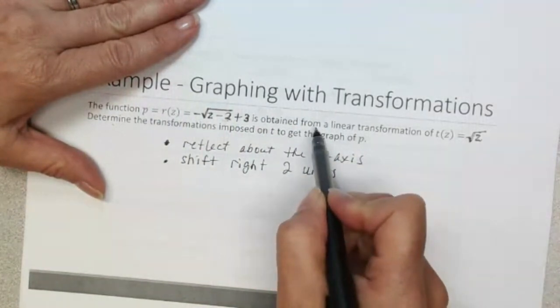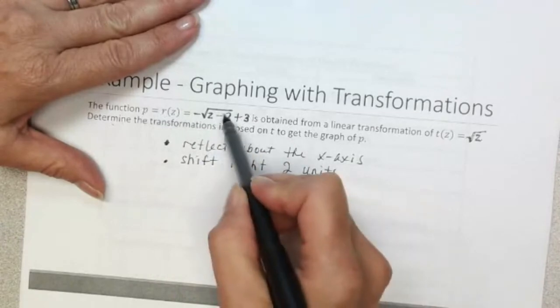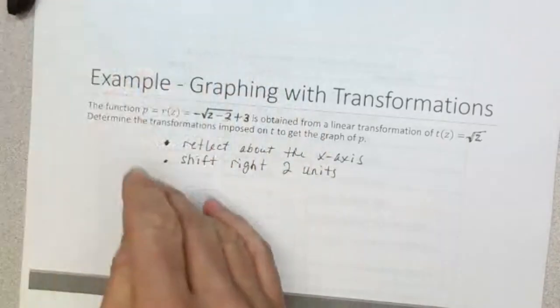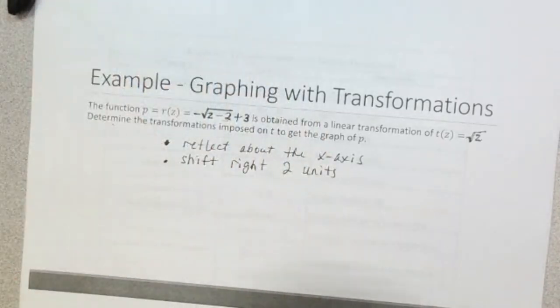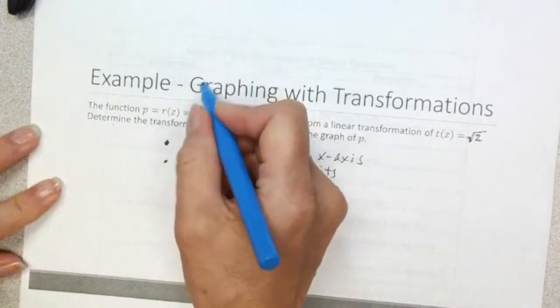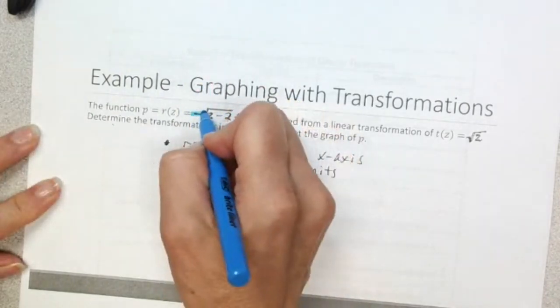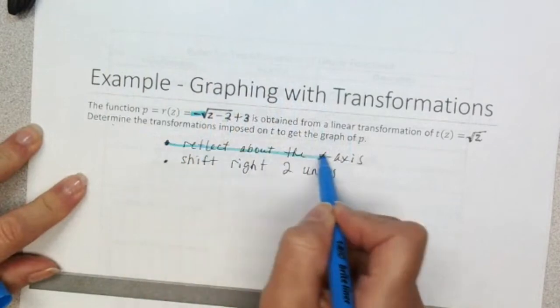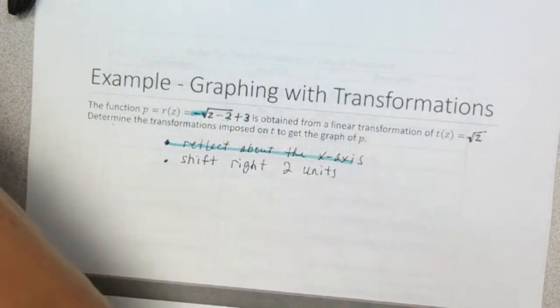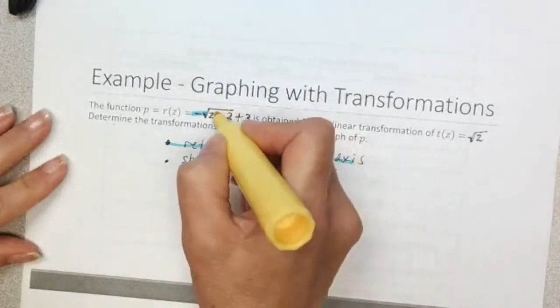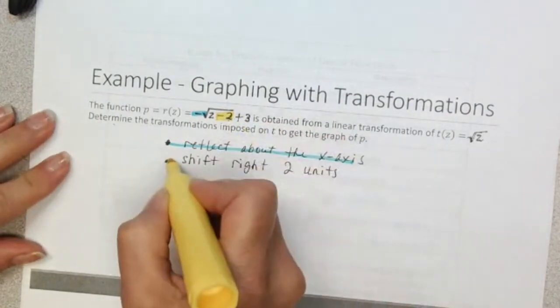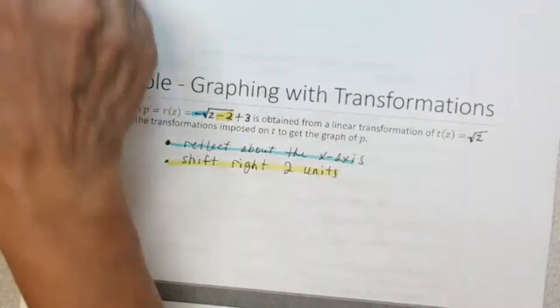All right, and there's one more thing going on here. So we talked about the first thing, which was the negative, and that was reflecting about the x-axis. The second thing we talked about was that we subtracted 2 from the independent variable. That's to shift right 2 units.